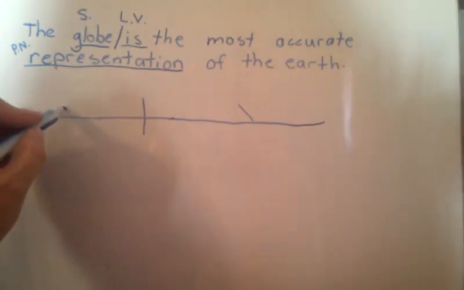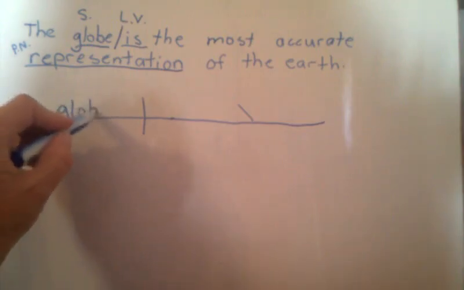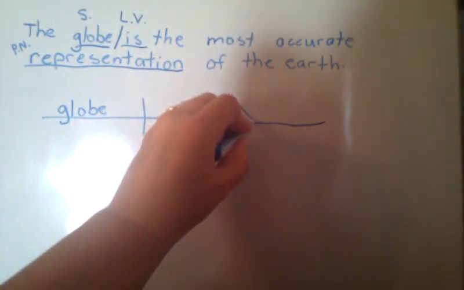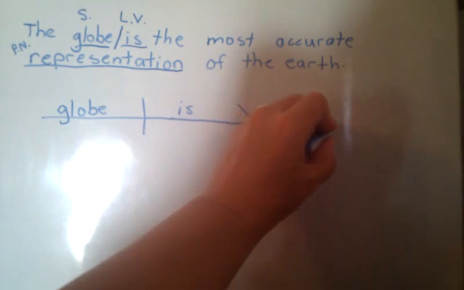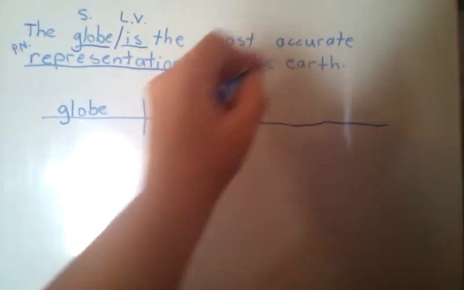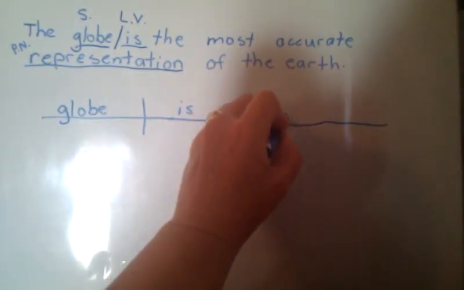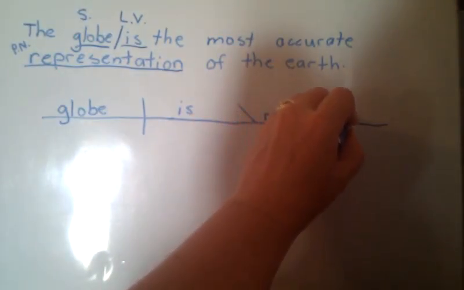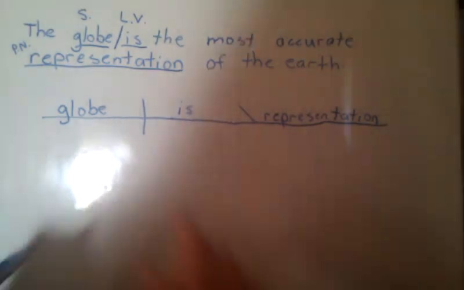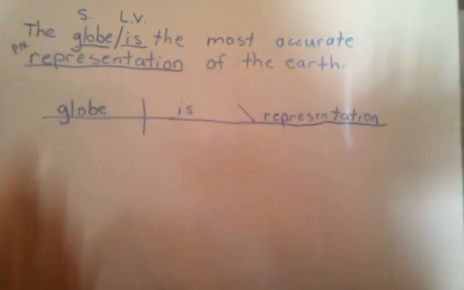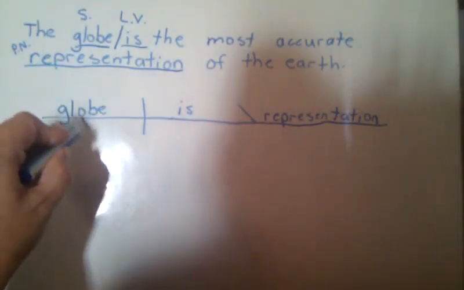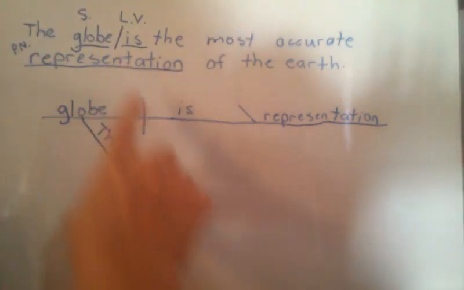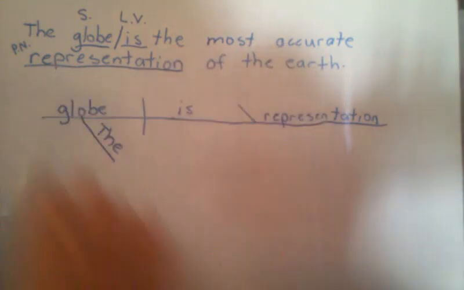So I have globe is, since this is a linking verb, my line is diagonal. Representation. Okay, is anything describing globe? The word the. The is the most accurate.